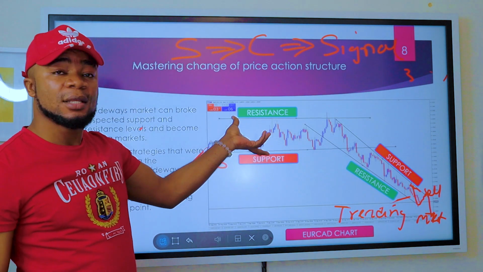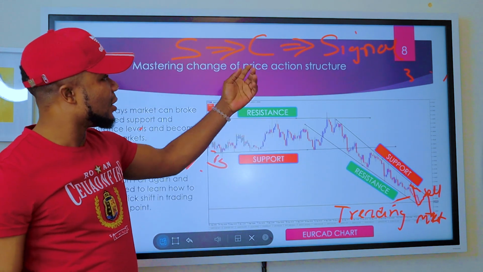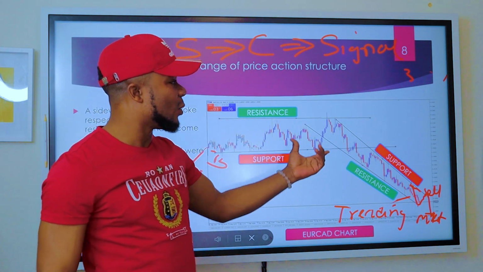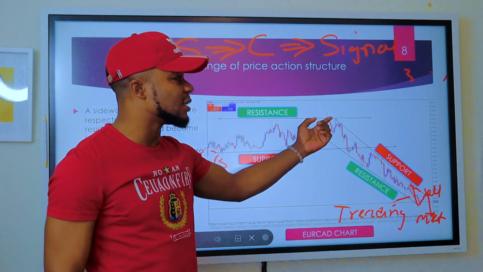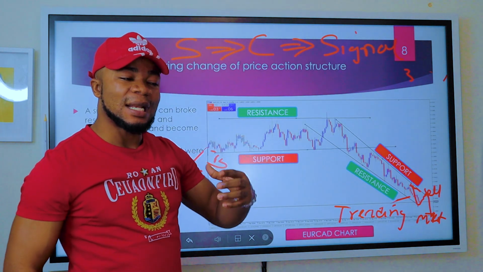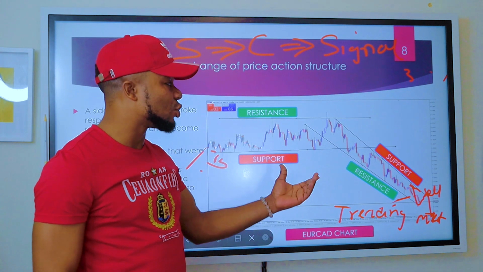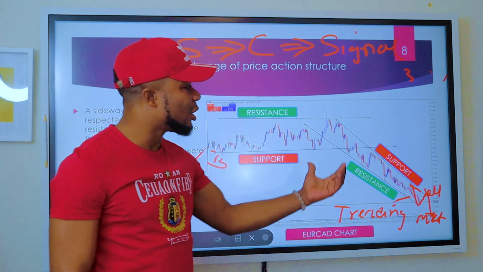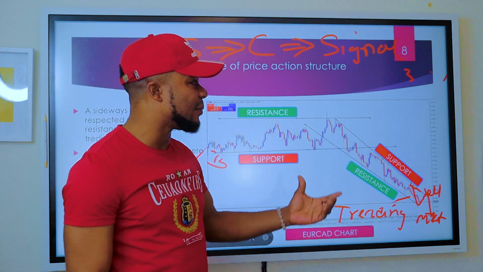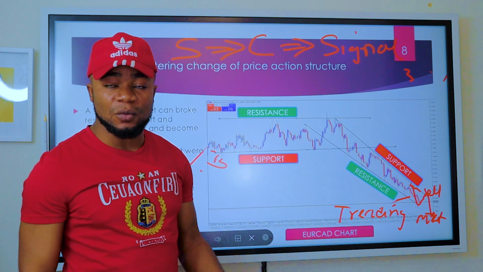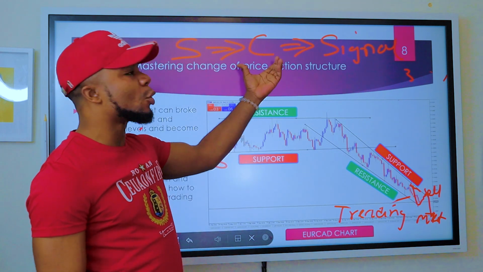Our structure here is support and resistance. Our confirmation will be, when the market gets to either support or resistance, any price action or candlestick pattern that supports that the market is reversing. If we don't have any candlestick pattern supporting that the market is reversing, we won't take that particular trade.